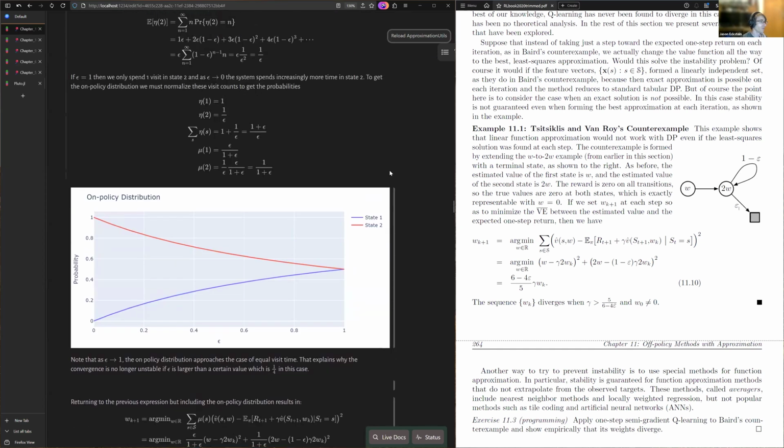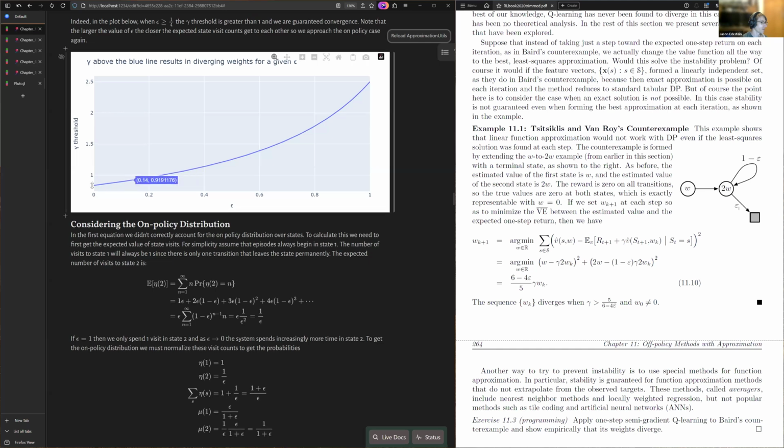And we can see that we do get convergence in these cases. It doesn't mean that off-policy learning will definitely diverge. It just means that there are cases where it can diverge, and the cases appear to be cases where the two distributions are too different from each other, which is for these small epsilon cases.